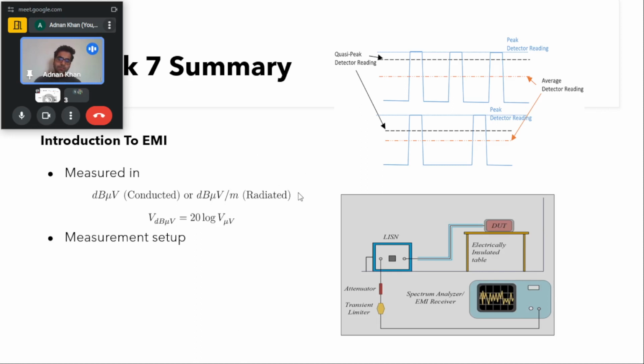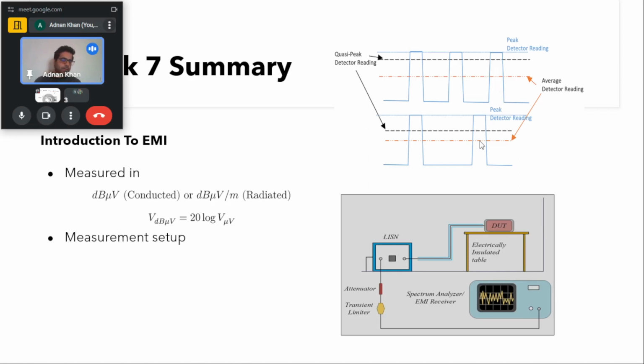We can measure different things. We can have the peak detector, and we can measure the peak of the voltage. Also, we have the average detector reading, where we can measure the average of the EMI that is getting generated.